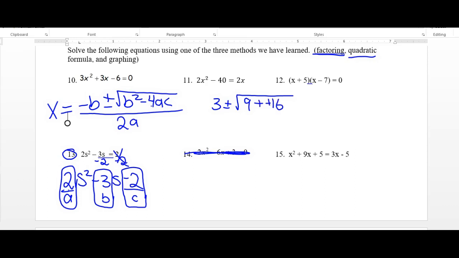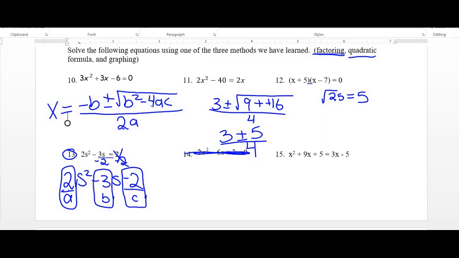I'll go ahead and change that now. Divided by 2a, which is 4. Next thing I'm going to do is square root whatever 9 plus 16 is. 9 plus 16 ends up being 25. The square root of 25 is 5. So I have 3 plus minus 5 over 4.